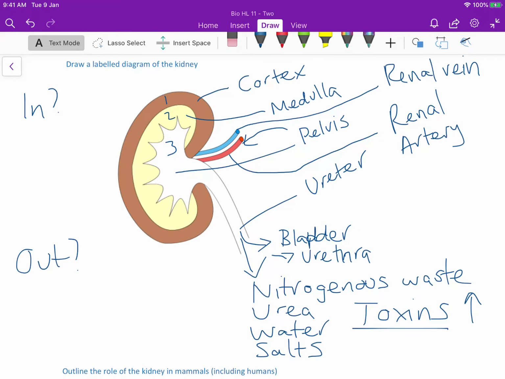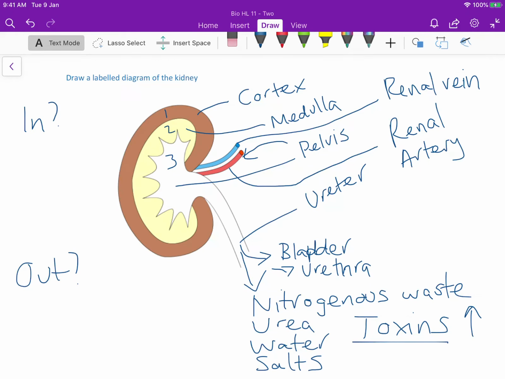So going into the kidney, we're going to have oxygenated blood. So going in, there's going to be a higher level of oxygen. So higher levels of oxygen going in, and versus going out, well, we're going to say increased O2 going in. Going out, there's going to be a decreased O2 level. Why?